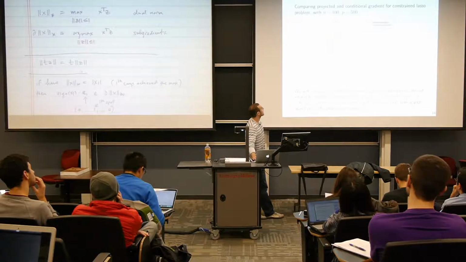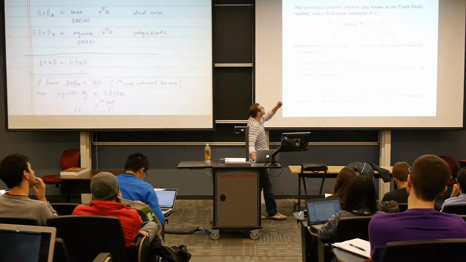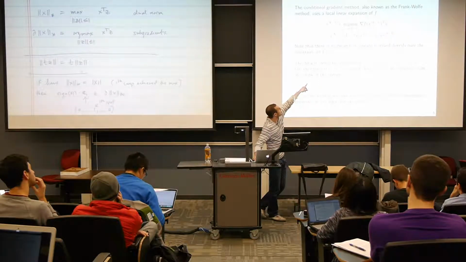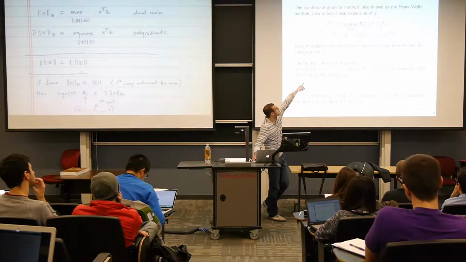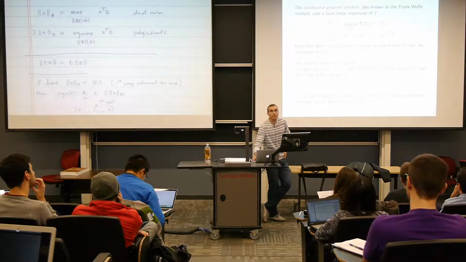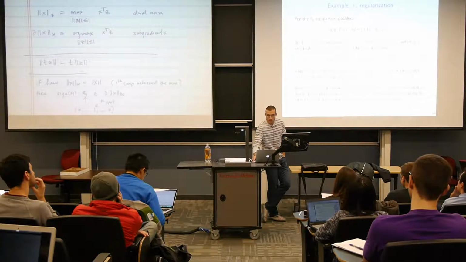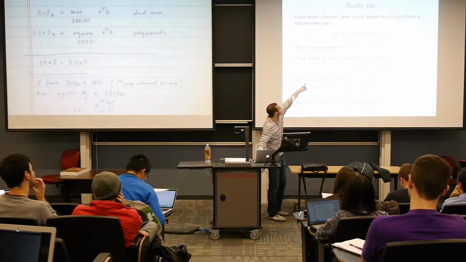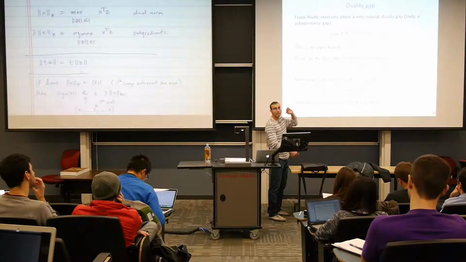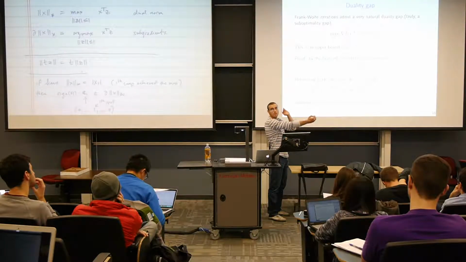Okay, and so let's look back at our update rule. Our update rule looked like the minimizer of grad f transpose s over all s in the set C. Suppose that minimizer I just call s_{k-1}. This max, I just get by taking grad f transpose (x_{k-1} minus s_{k-1}).